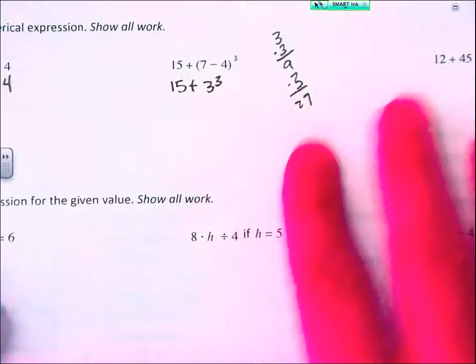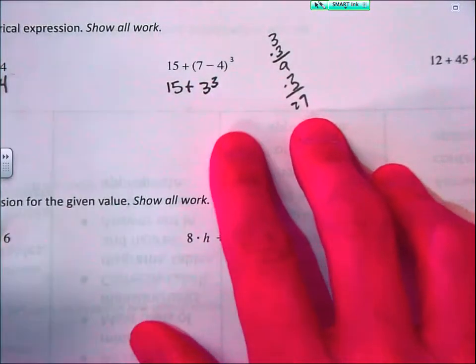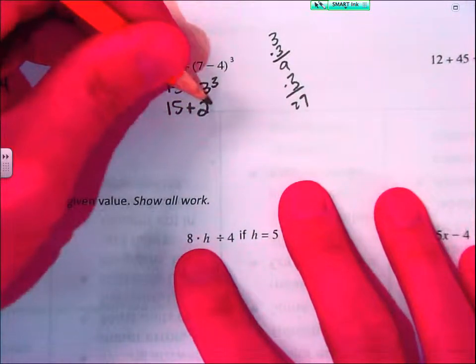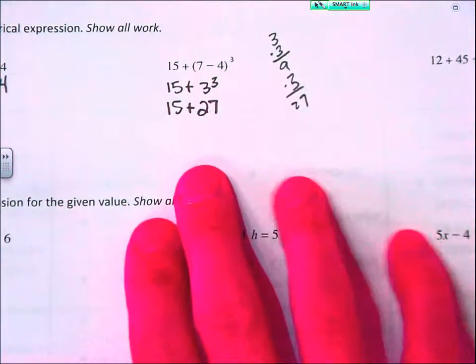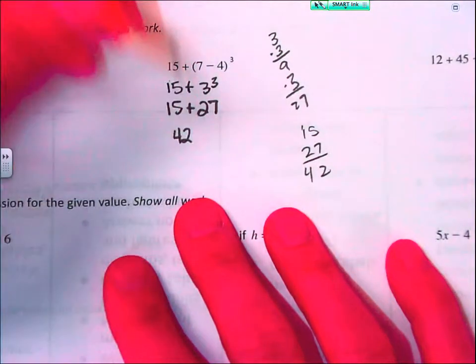If I needed to figure anything out, although I probably didn't need to do that one, I want to write that down for a couple of reasons. First of all, to double check I've got the right answer. And second of all, to show every single thing I've done. The last step is I'm adding. If I needed to show the adding, I would show the adding. And then I should get 42 unless I've made a mistake.